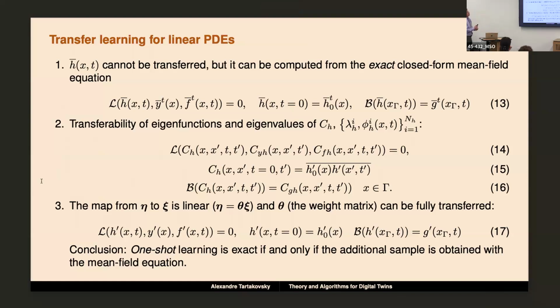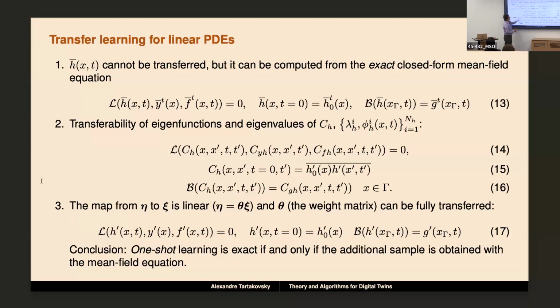Okay, so let's start with linear partial differential equations. It's easy. If we do this moment analysis, we can get an equation for the mean in closed form, right? So this equation is exact.